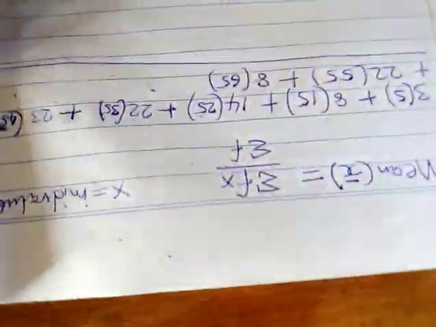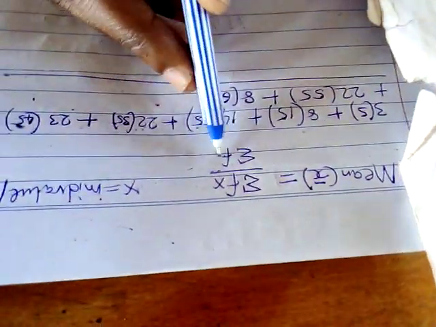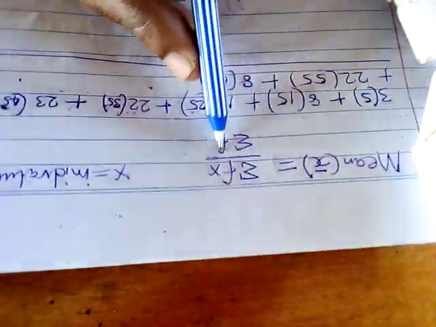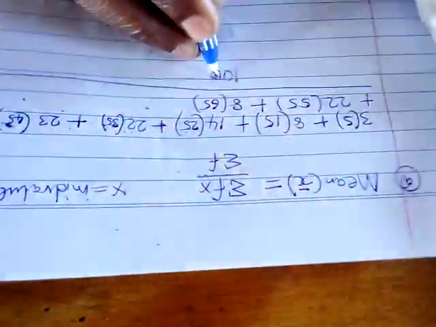Then all over total frequency. Total frequency is 100 plants. So now we are going to work out everything at once.